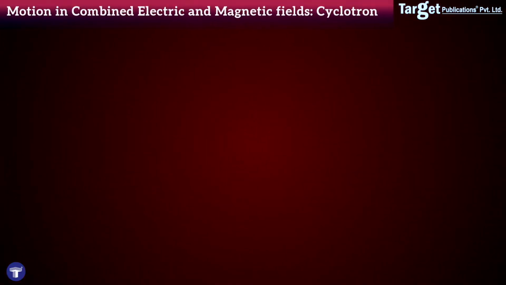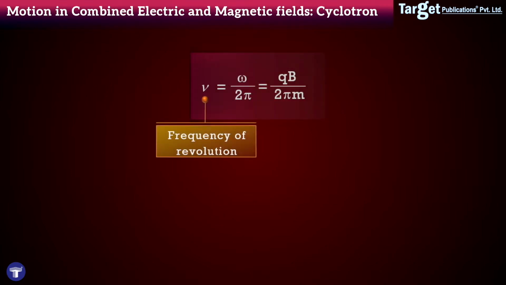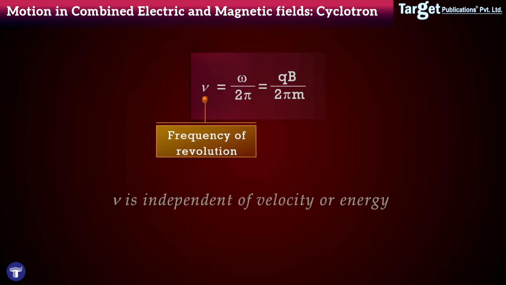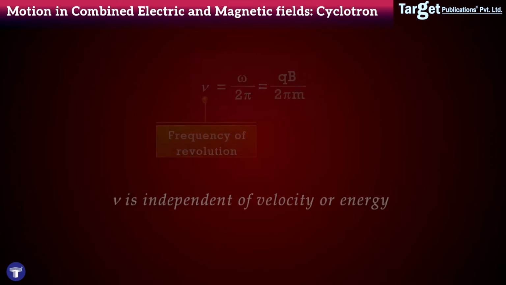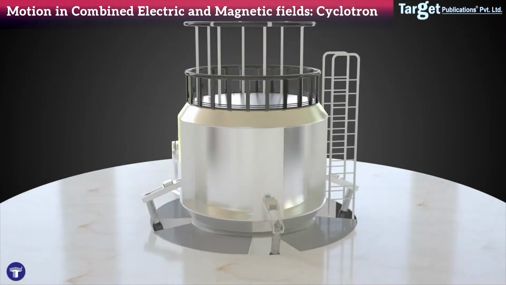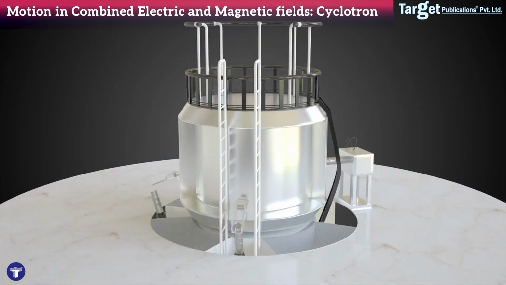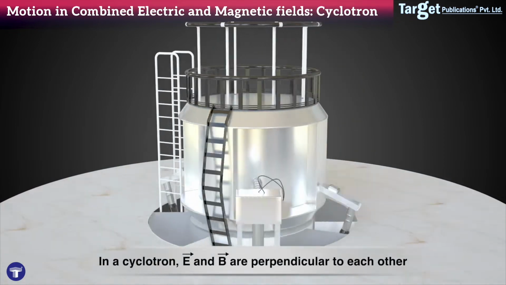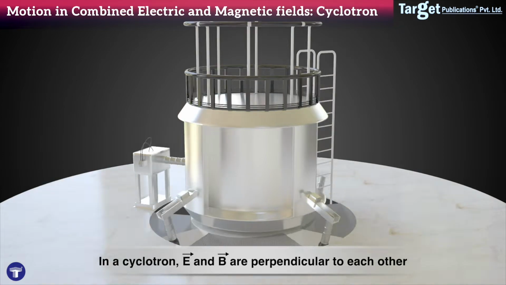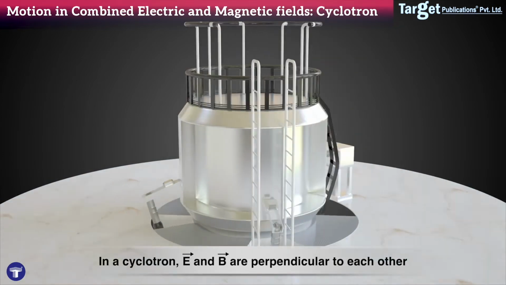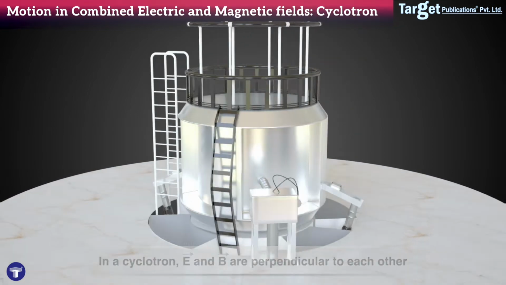As seen earlier, the frequency of revolution of a particle in a combined electric and magnetic field is independent of velocity or energy. This fact is used in a cyclotron. A cyclotron is a machine used to accelerate charged particles to high energies. The magnetic and electric fields in such a machine are perpendicular to each other.